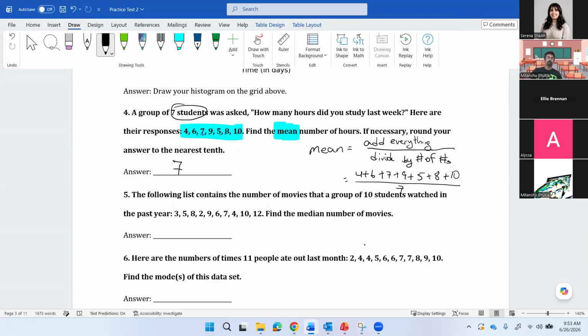Number 5, the list contains the number of movies a group of 10 students watched in the past year. Find the median. So how do I find median? What do I do? It's the middle number. What's my step 1?